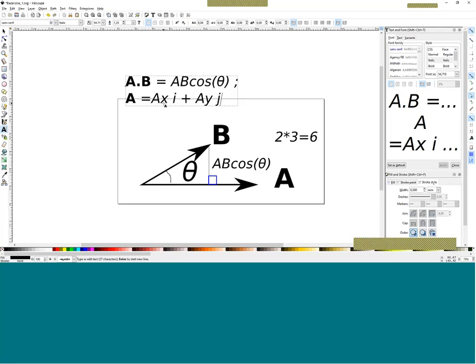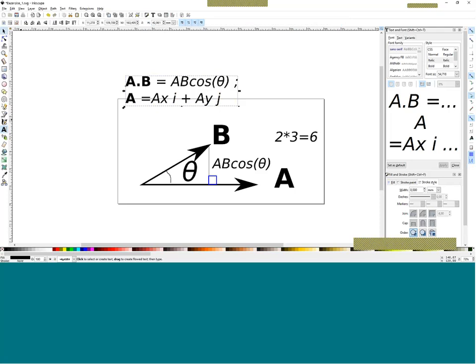Such as A = a_x i + a_y j. When I say i and j, what do you call them? The name? Unit vectors: i is the unit vector of the x component, and j is the unit vector of the y component.